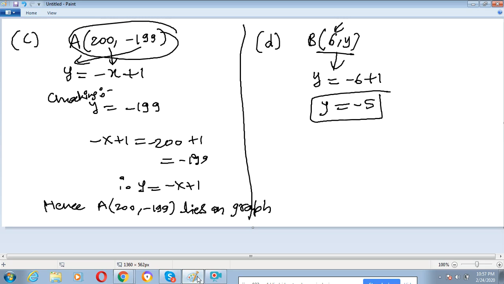Is your graph of the shape similar to the other graph, the one we did in example 5?